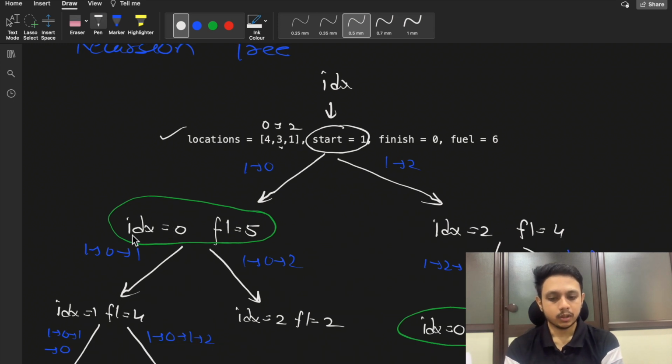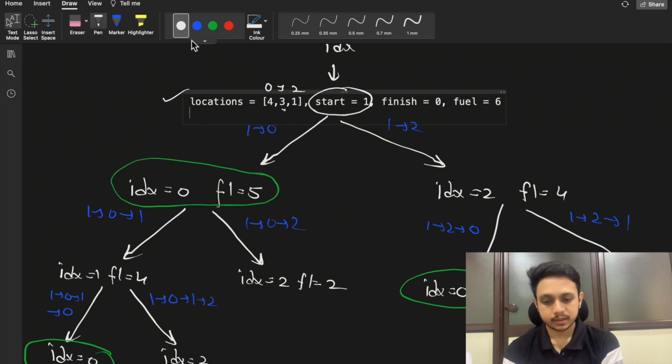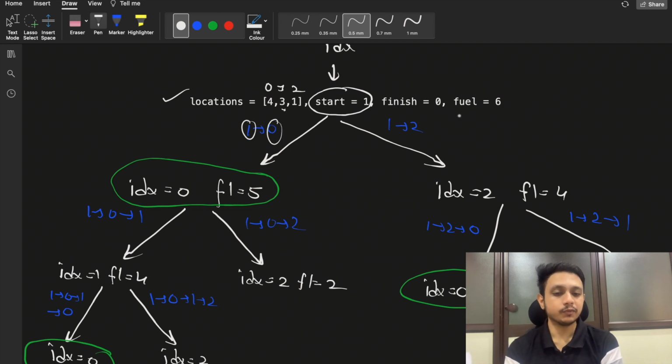Now if you move to index 0, then the remaining fuel you would have is 5, because one unit of fuel would be consumed. Initially it was 6, but 1 would be consumed to move from city 1 to 0. And if you move from 1 to 2, the remaining amount of fuel would be 4. Now guys, this is one valid answer, because the route has starting city 1 and finish city 0, and the cost of fuel is less than the given fuel.